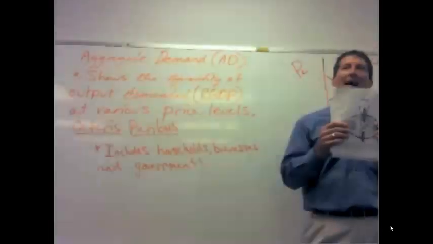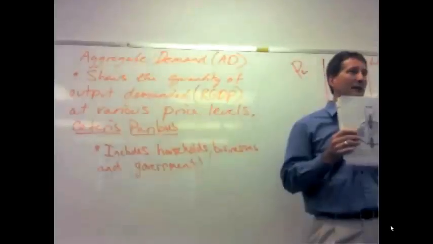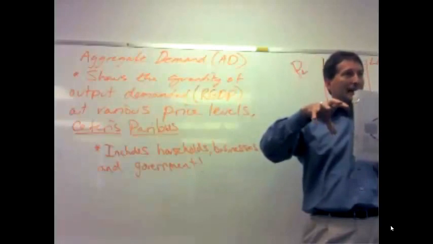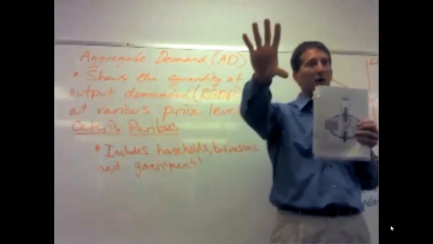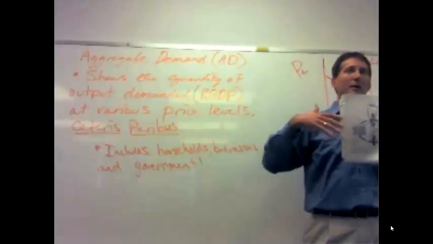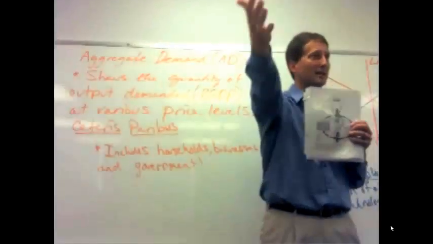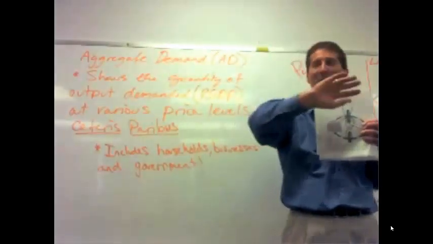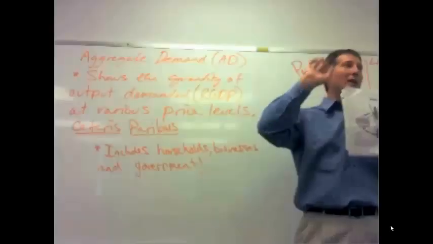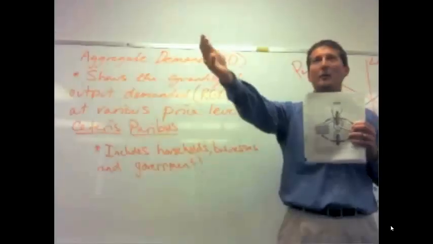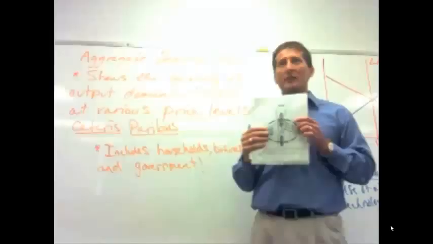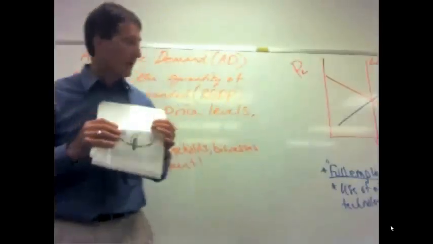But that current account deficit, which is something we need to know for Chapter 10, in the United States, we export less than we import. We buy more from China than what we sell to China in chopsticks. Remember, we're a chopstick exporter, by the way, to China. I think I mentioned that before. So we sell less to the rest of the world than what we buy from the rest of the world. And that gives us that trade deficit. And that makes up some of the difference.